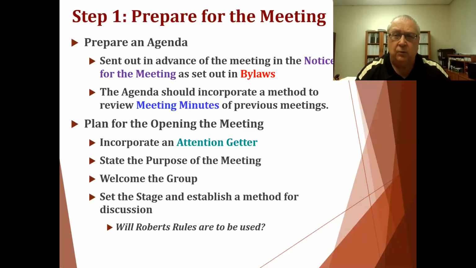How does the group feel at the beginning of the meeting? Is there a warm welcome? And do you need to set the stage for the discussions that are going to be transpiring in this meeting? And we need to put everyone on notice what the ground rules are. Are we using Robert's rules to administer this meeting?